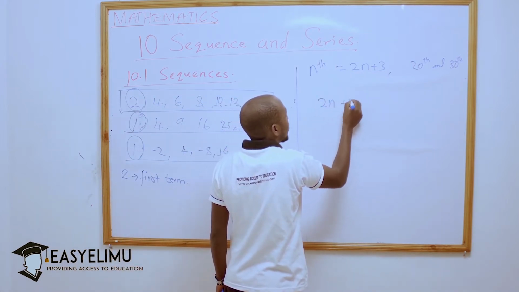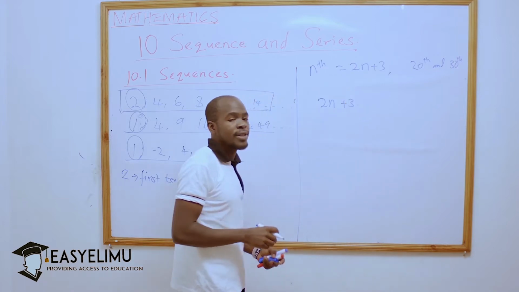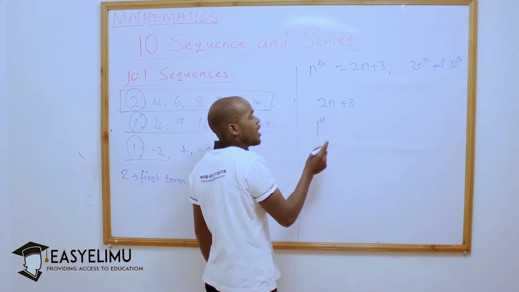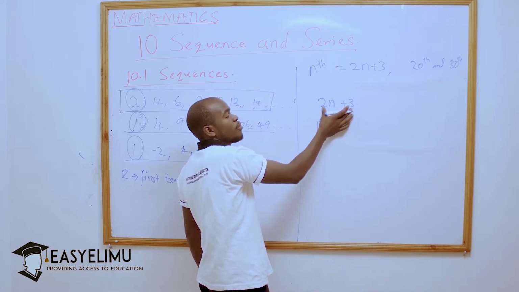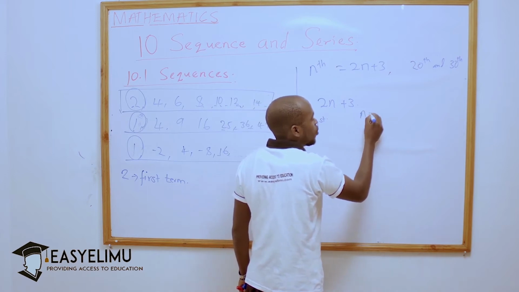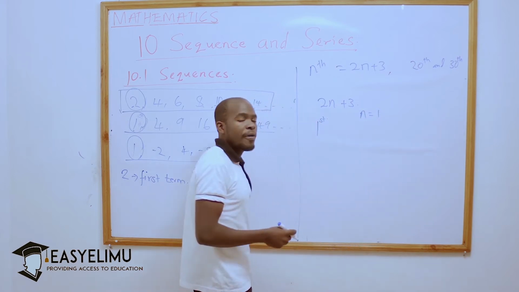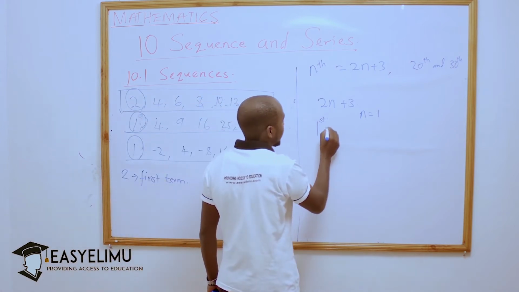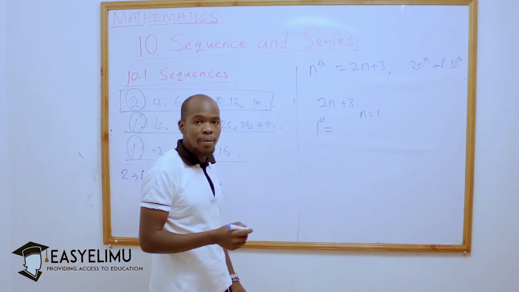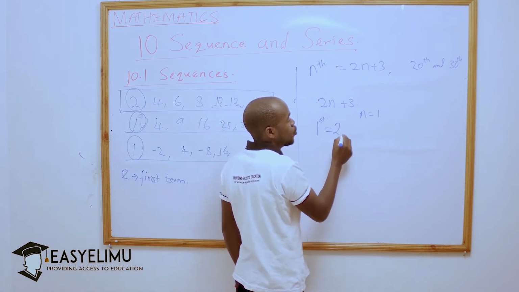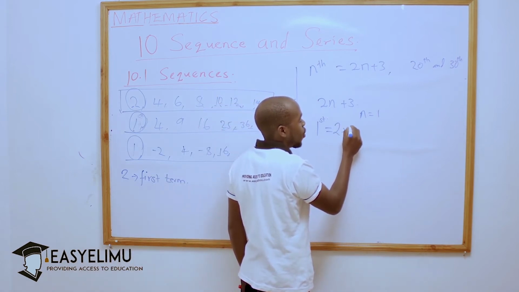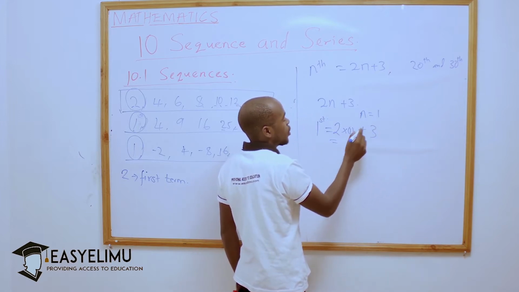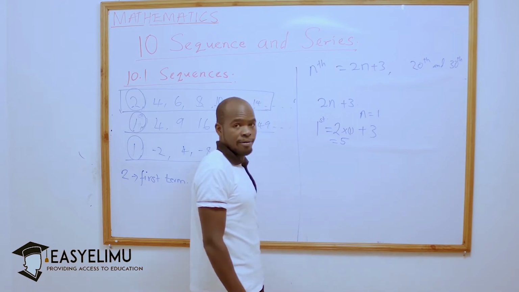If 2n plus 3 is a sequence, then if we want the first term, the first term will be obtained when n equals 1. To get the first term, you take 2, multiply by n, which is 1 now, then you add 3. You are going to get the first term as 5.